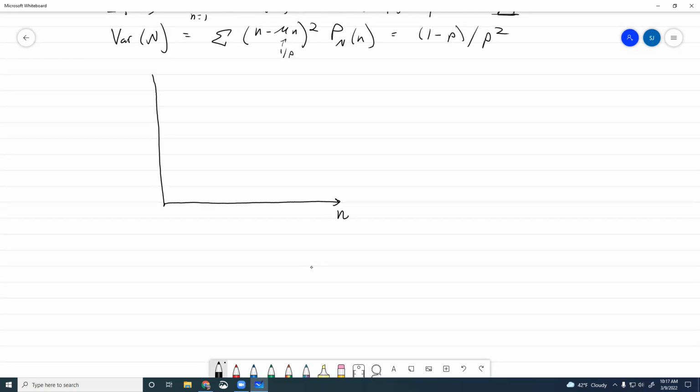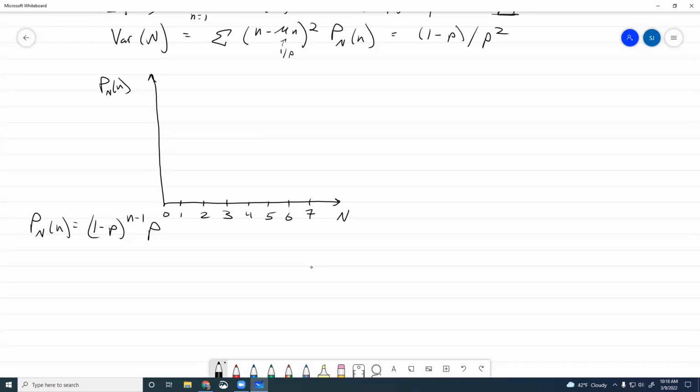So here's our random variable. Actually, I'll make that a big N. Here's our PMF, probability mass function. And then all we do is simply apply this equation. So we have P_N of n is equal to (1 minus P) to the n minus 1 times P. We can start with 0, and then we can do 1, 2, 3, 4, 5, 6, 7.